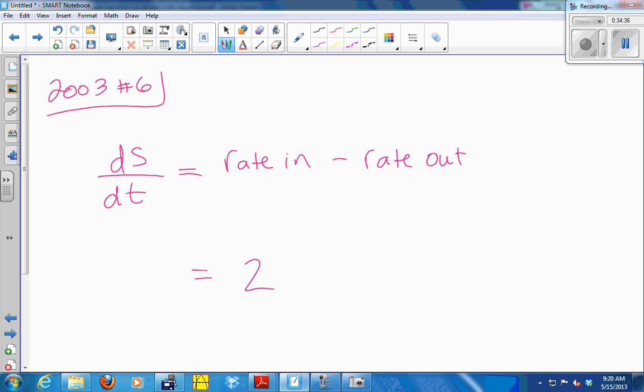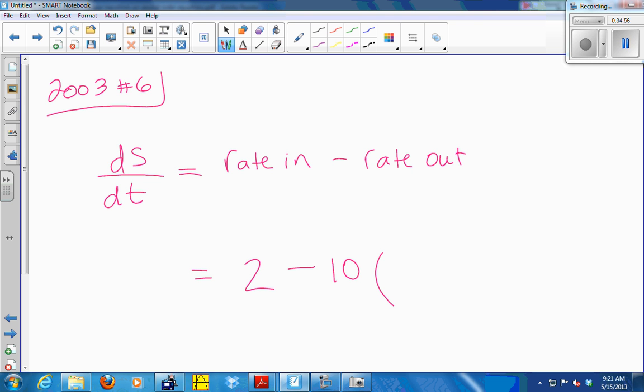And then at the same time, chocolate milk is withdrawn at 10 gallons per minute, but that's a mixture of milk and syrup. 10 gallons per minute of chocolate milk, but then I need to figure out how much of that chocolate milk is actually syrup.